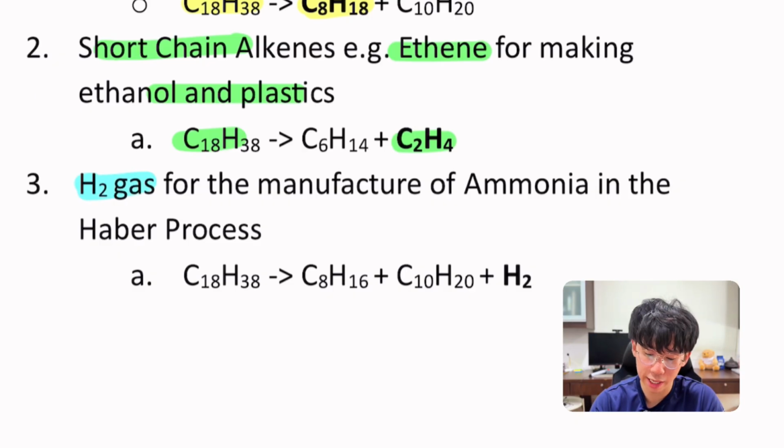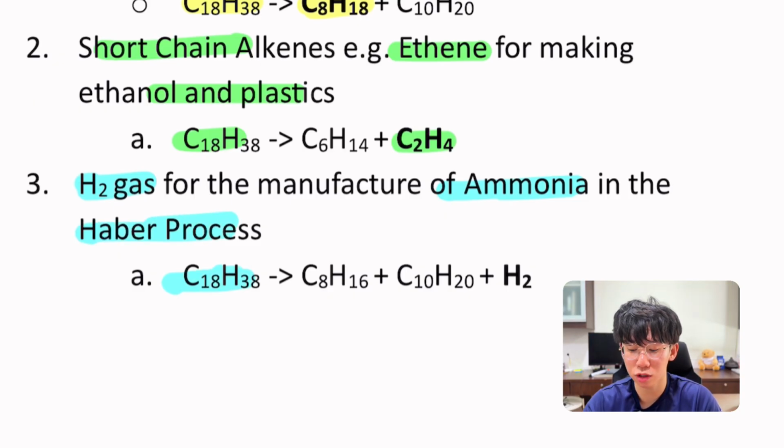Hydrogen gas is important because it can be used for the manufacture of ammonia in the Haber process. So C18H38 can also crack to form H2. Because of the variety of different products, cracking is a very useful reaction industrially to produce these three different products that can be further used for their own purposes.